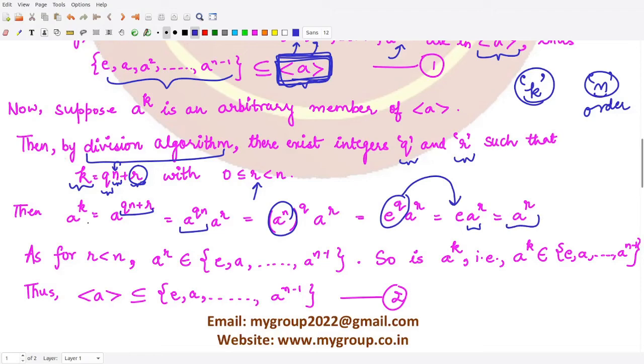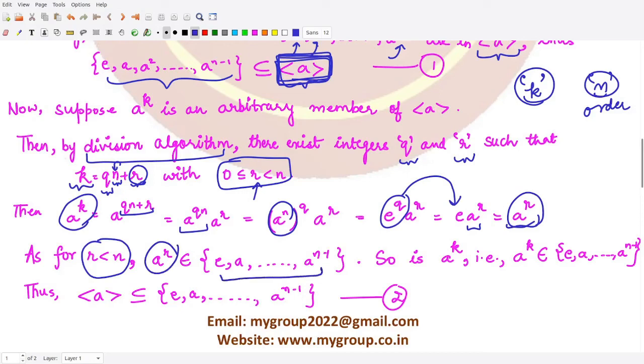So we started with a to the power k and reached a to the power r, where r is a number which lies between 0 and n, and we may have equality at 0, right? Because r is less than n, a to the power r should be a member of this set only.